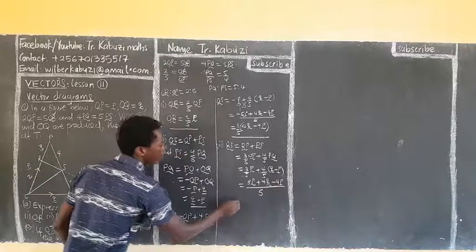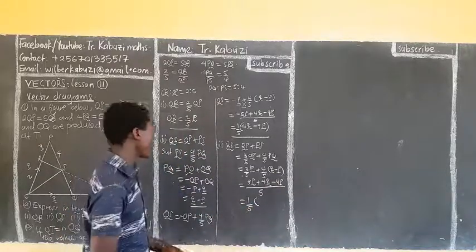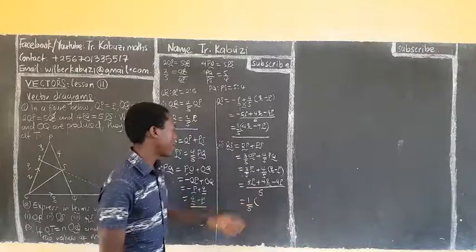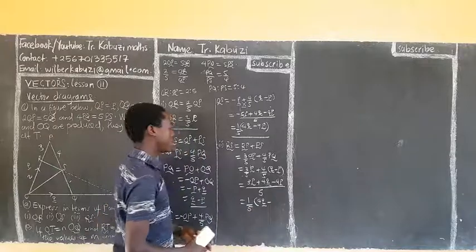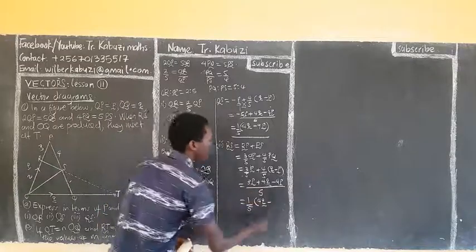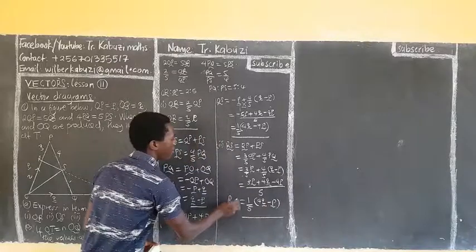That order. So if you simplify, this will be 1 over 5 into 4Q, now minus, you see this plus this, you get minus P. And that is our RS.